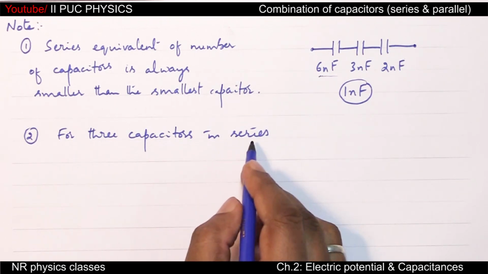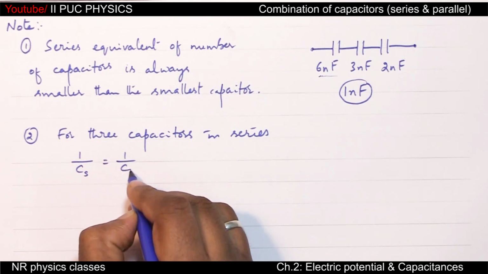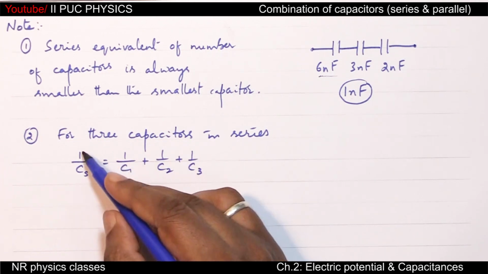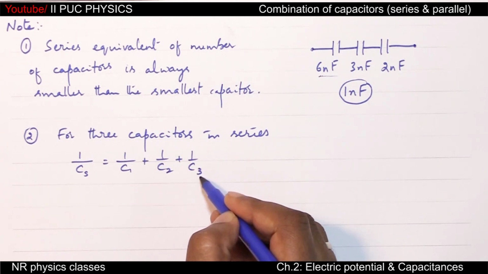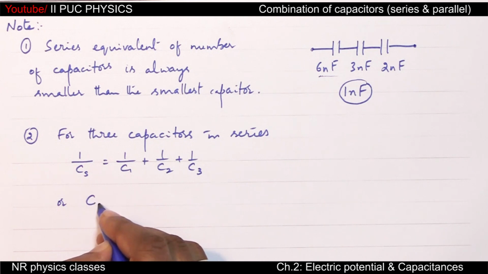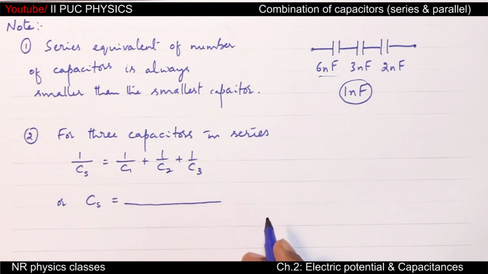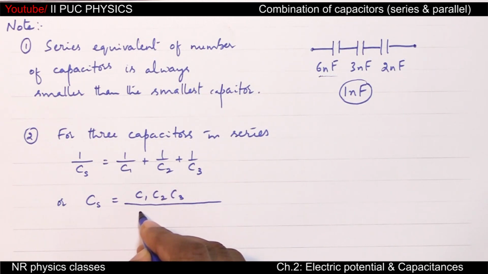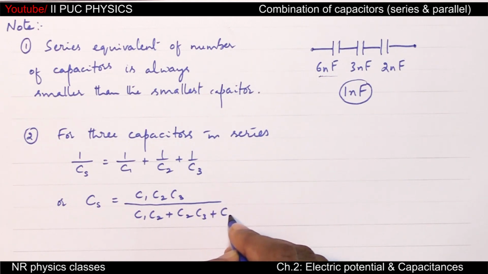For 3 capacitors in series, one by Cs equal to 1 by C1 plus 1 by C2 plus 1 by C3, or Cs equal to C1 C2 C3 by C1 C2 plus C2 C3 plus C1 C3.